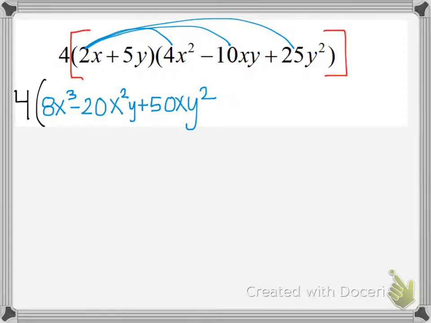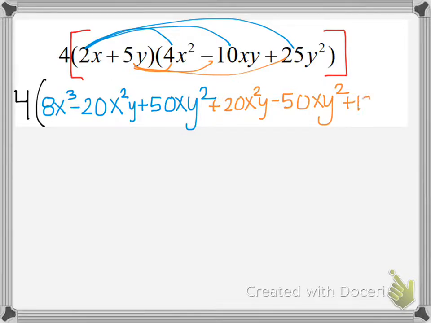Now let's come back and distribute the 5y. When I do 5y times 4x squared, I'm going to get plus 20x squared y. When I do 5y times negative 10xy, I'm going to get minus 50xy squared. And when I do 5y times 25y squared, there's the plus 125y cubed.